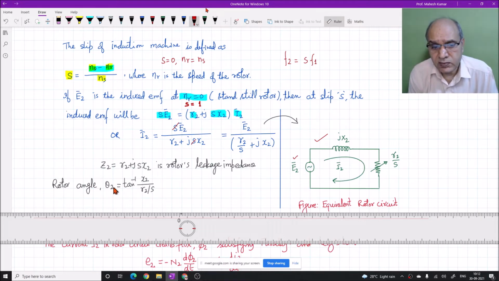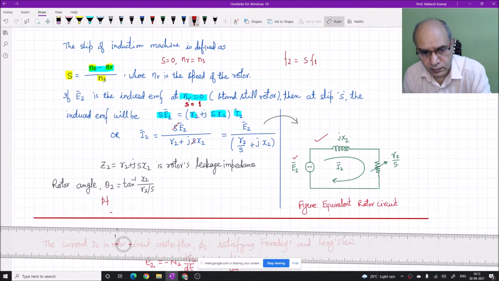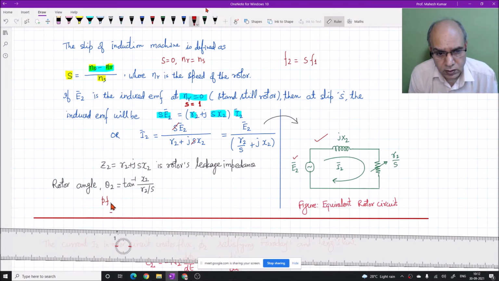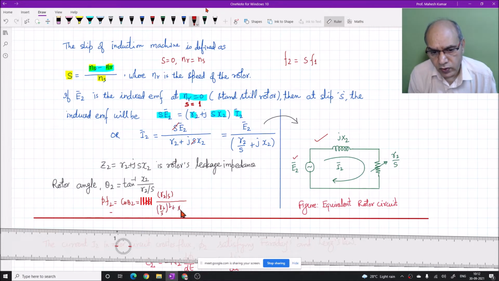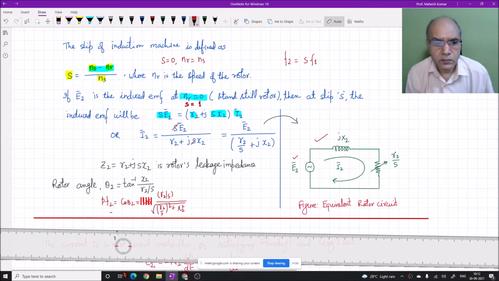We can find from this expression that theta 2 equals tan inverse of X2 by R2 by S, or the power factor in the rotor circuit equals cos theta 2, which is R2 by S divided by the square root of (R2 by S) squared plus X2 squared. This is the power factor in the rotor circuit.